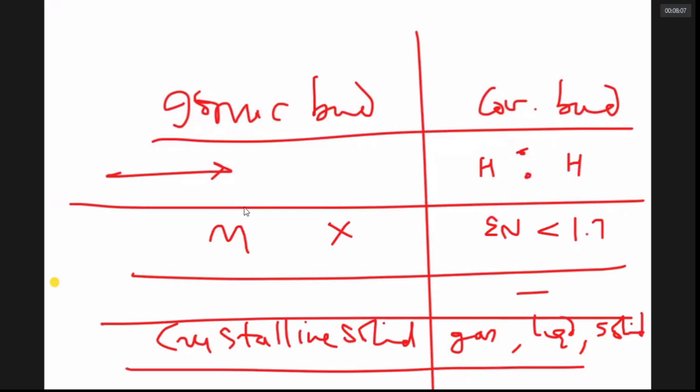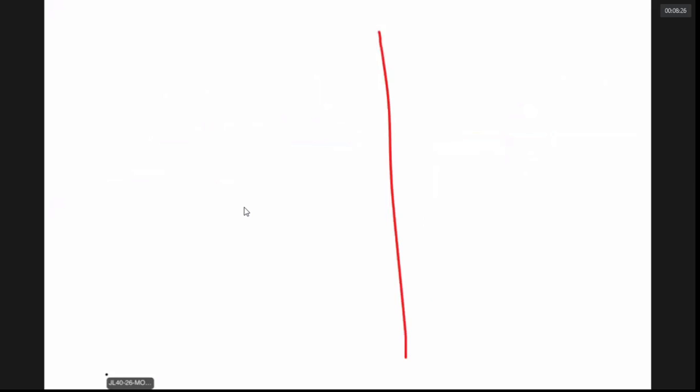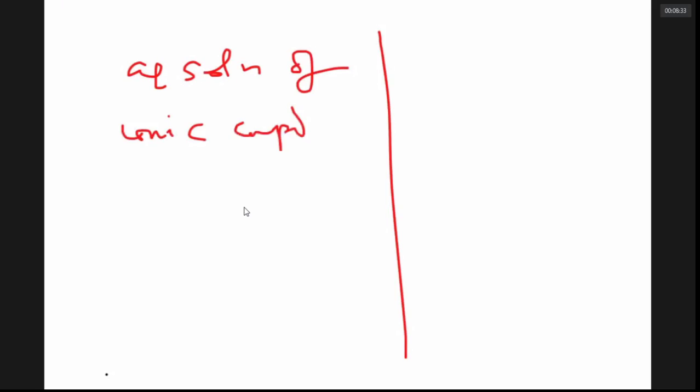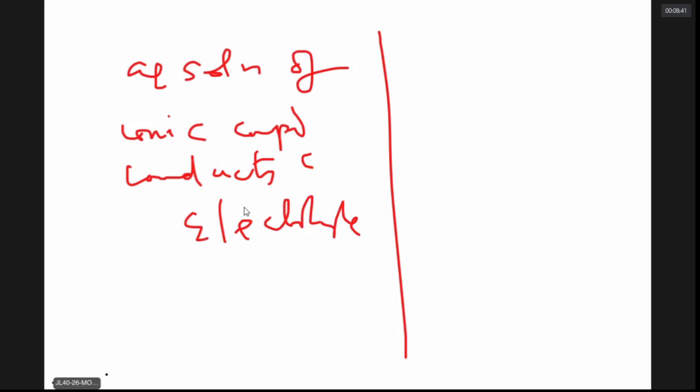Ionic compounds usually dissolve in polar solvents like water. Covalent compounds dissolve in non-polar solvents like benzene, carbon tetrachloride, carbon disulfide, etc. The aqueous solution of an ionic compound conducts current, that is, it is an electrolyte.